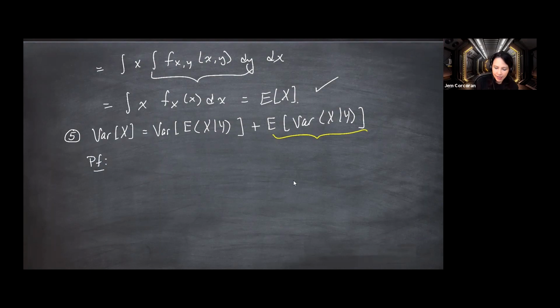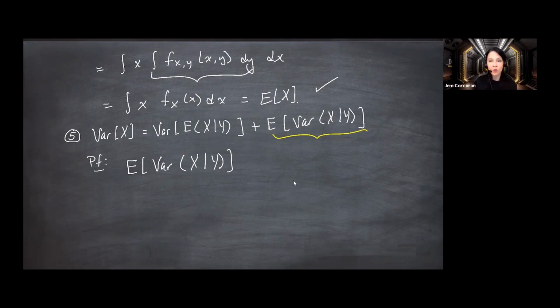So the expected value of the variance of x given y. The variance is defined as it always was in terms of an expectation, or maybe the other more computationally pleasing formula where we say the variance of x is the expected value of x squared minus the expected value of x all squared.